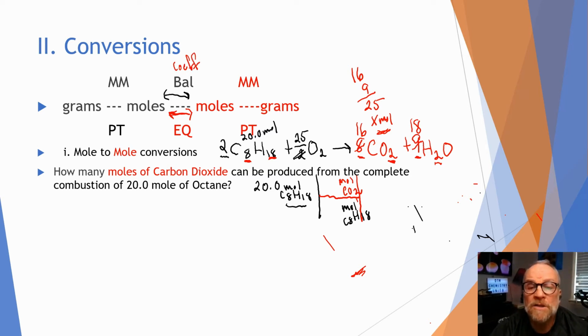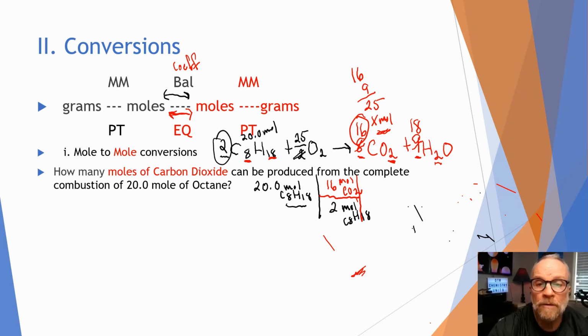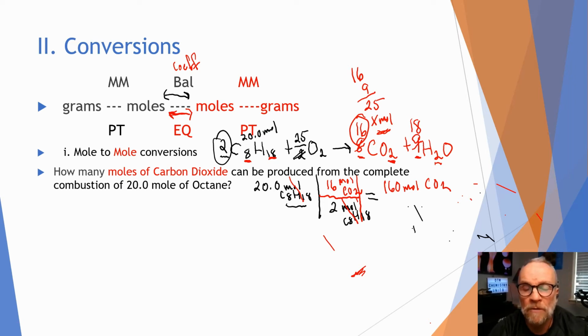So what goes next to the CO2? Well, 16 goes next to that one, right? And what goes next to the octane would be 2. So now we have 20 times 16 divided by 2. And I get 160 when I did that. So you would end up with 160 moles of CO2. The moles of octane cancel out, and we're left with moles of CO2. And that's what we were asked to solve for. That was our X. So we're in good shape there.